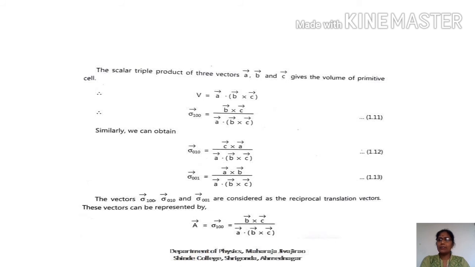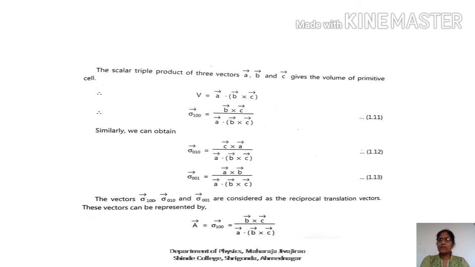Similarly, we can obtain the values of reciprocal lattice vector along the 0, 1, 0 direction, then for the 0, 0, 1 direction. The value of sigma 0, 1, 0 comes out as c cross a divided by volume, that is a dot b cross c, and the value of sigma 0, 0, 1 comes out as a cross b divided by volume, that is a dot b cross c.